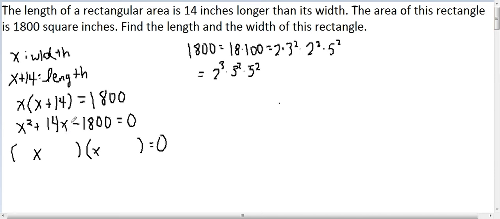The way we're going to do that is by looking at the linear term 14x. This number 14 holds a key to helping us eliminate most of the possible factors.